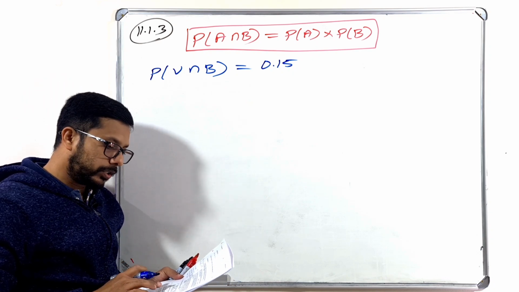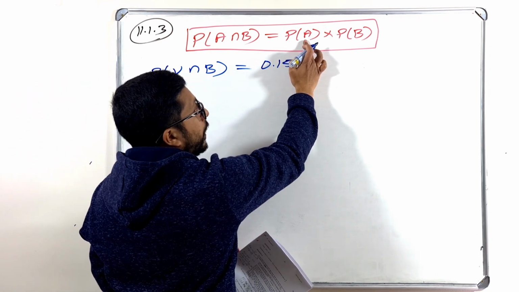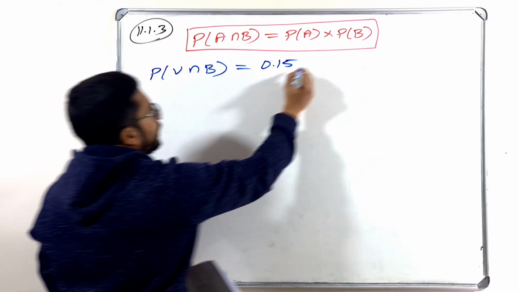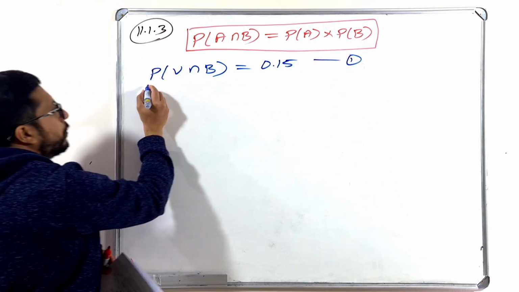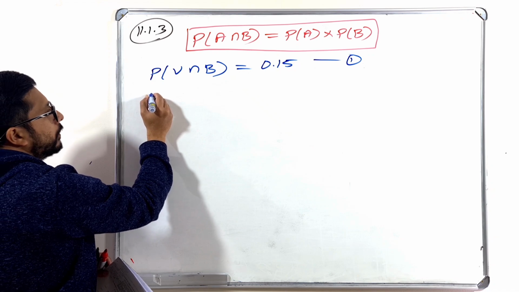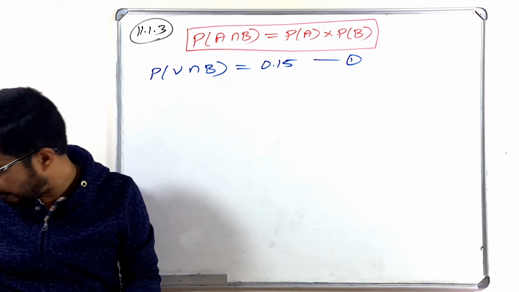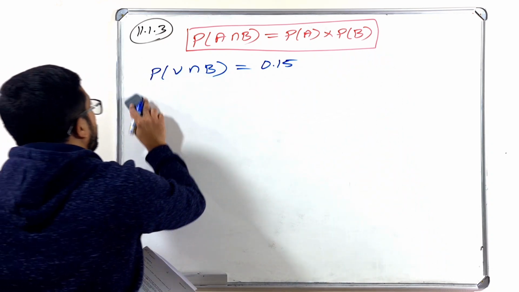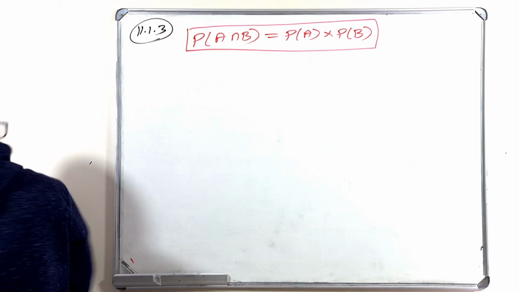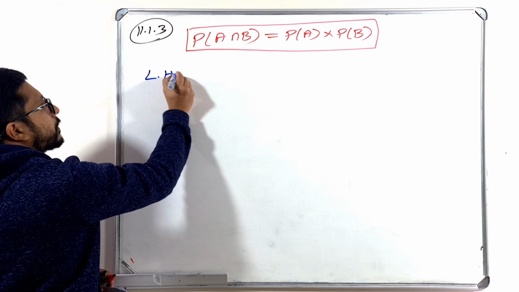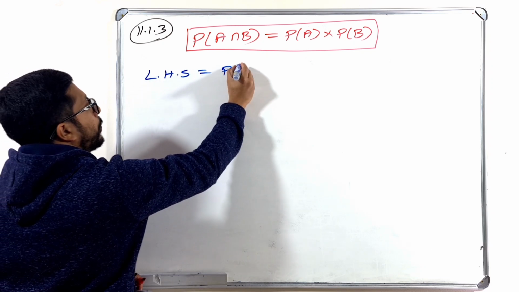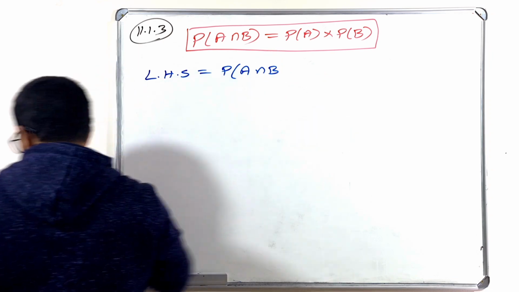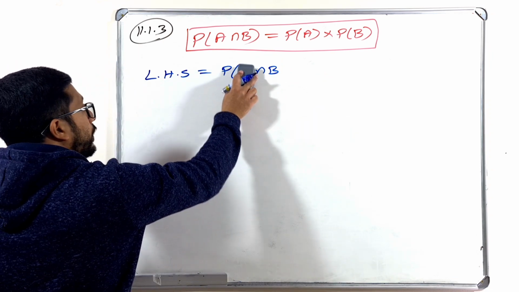Now let's try to find the probability of Whaley times the probability of Bongani. Let me write it like this. LHS is equal to the probability of A intersection B, not A and B, it is Whaley and Bongani.